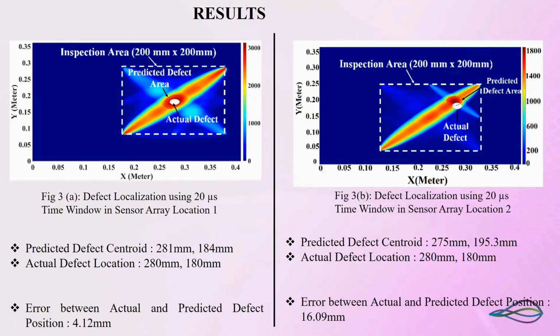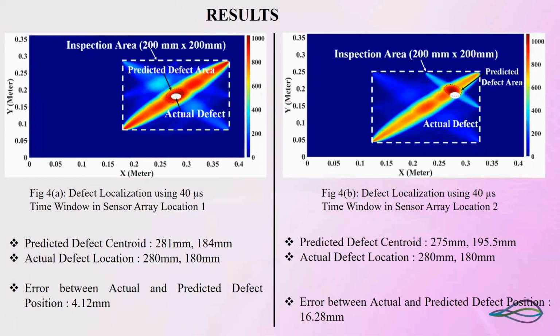Here also we observe the predicted defect centroid at 275 mm and 195.3 mm, while the error between the actual and predicted defect position is around 16 mm. This is for a time window of 20 microseconds.